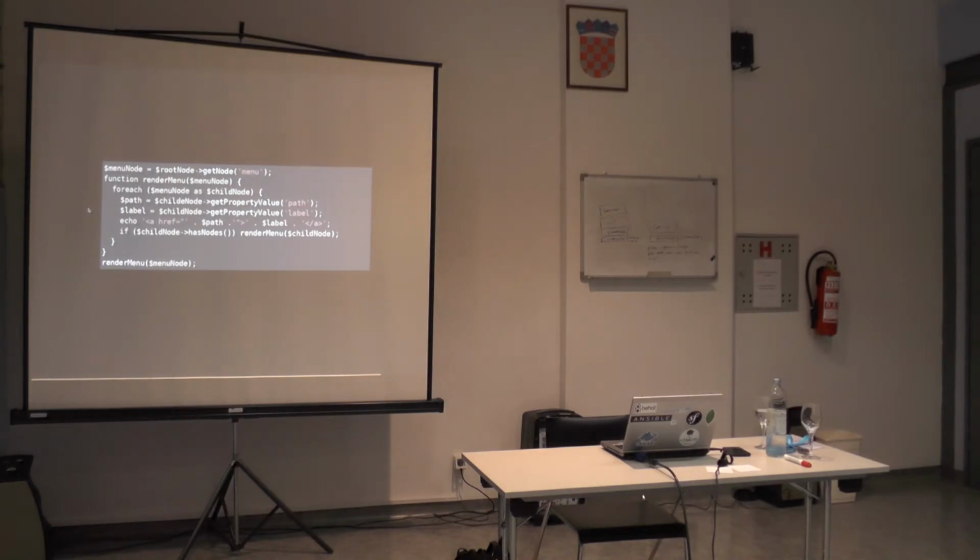So in the root of your repository, just besides CMS and besides routes, you create your menu. And you can create it any way you like. So you can create only 2 of the pages, or you're creating 10 links that point to the same node. I don't really care how you do it.